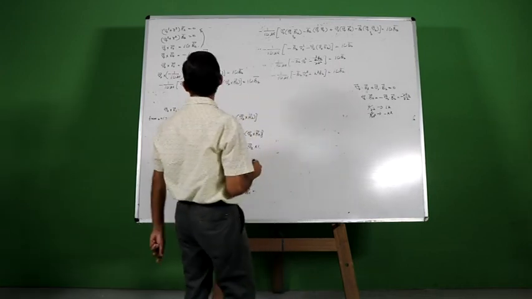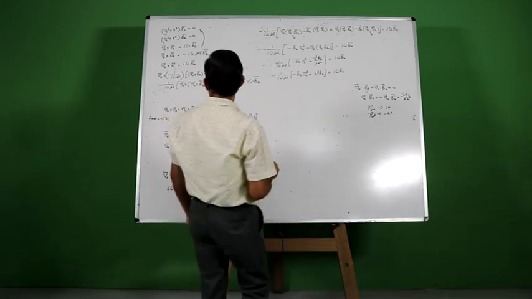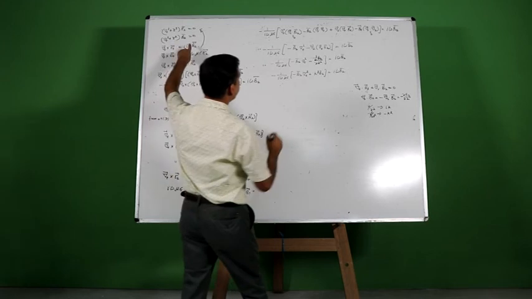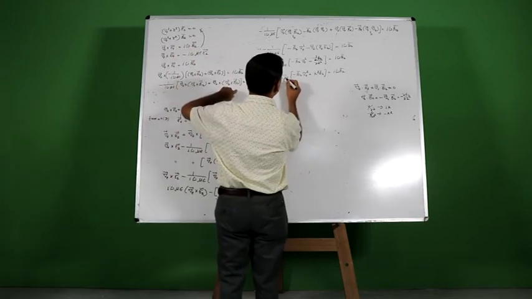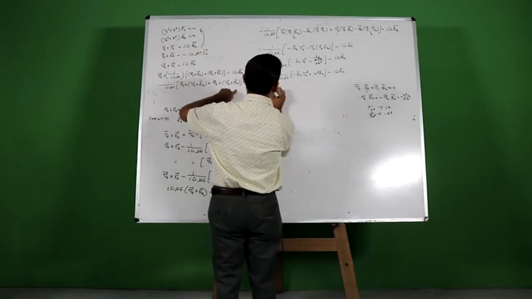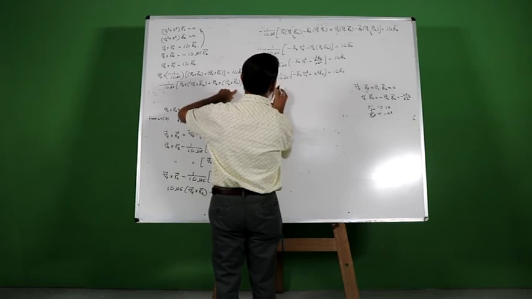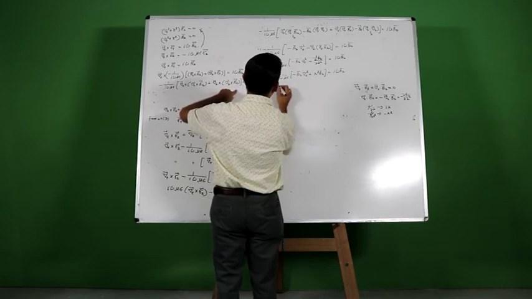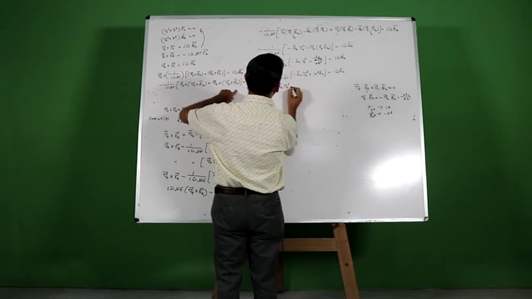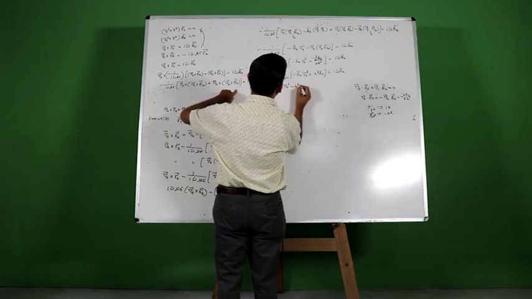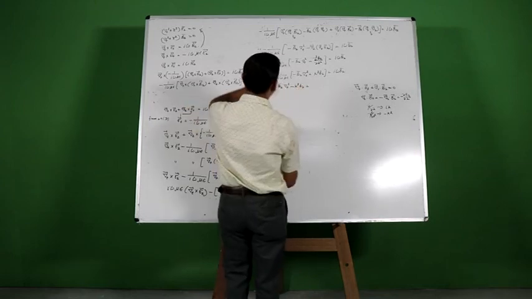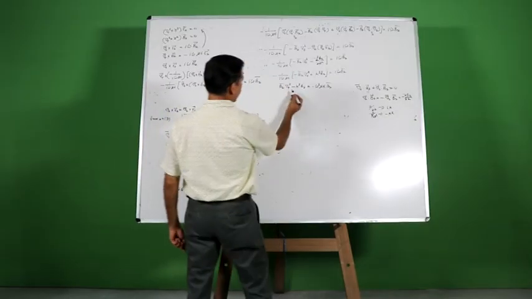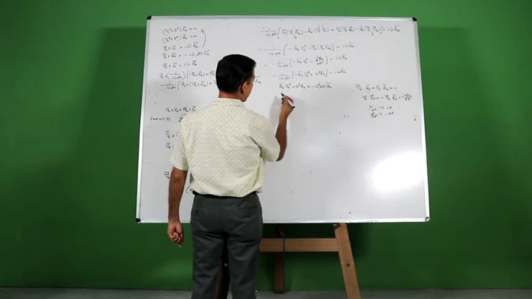Now finally, del t square will be multiplied with the other side. This can be written as Bz del t square minus k square Bz is equal to, so this equation can be written like this.